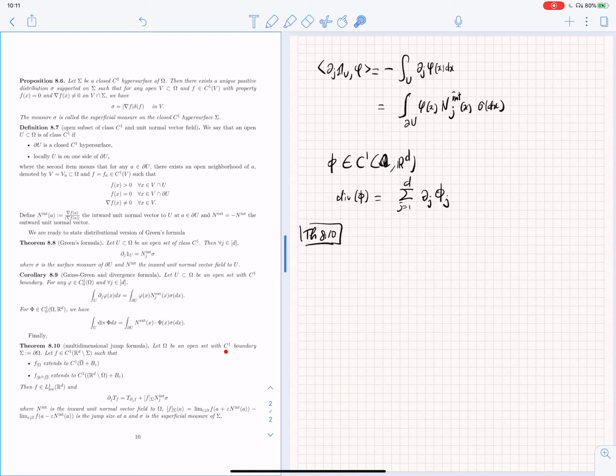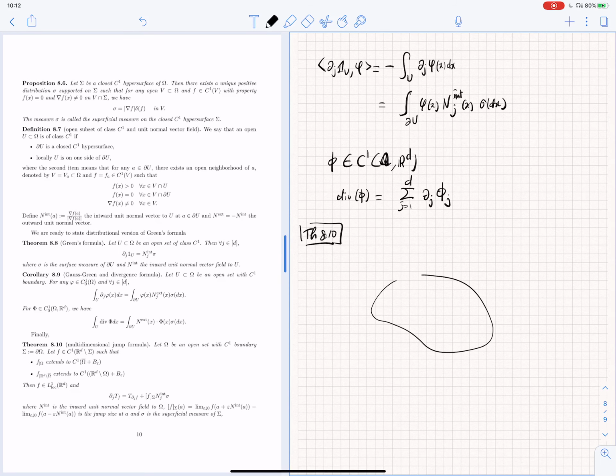Omega is an open set with C1 boundary. Okay, so this means that omega is of class C1, and the boundary will be denoted by capital Sigma. Consider a function f which is C1 everywhere except on the boundary of omega, so C1 on R^d with Sigma removed, such that this function extends to slightly larger than, let me draw a picture here.